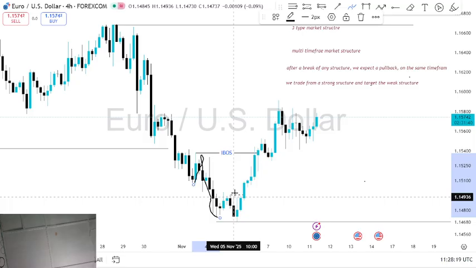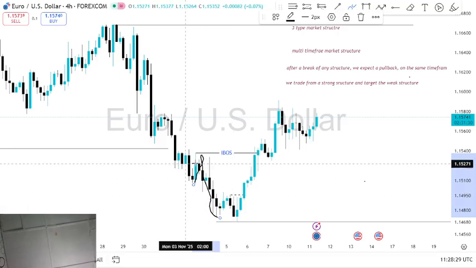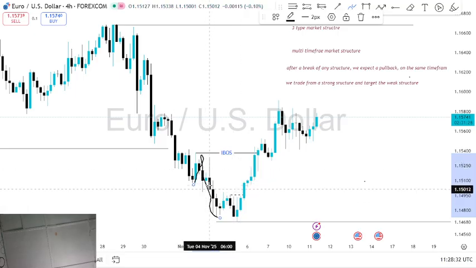And when we calculate the pullback, it is about 30 pips. So it is strong, it is quite big, but it is not big as in swing structure, right?